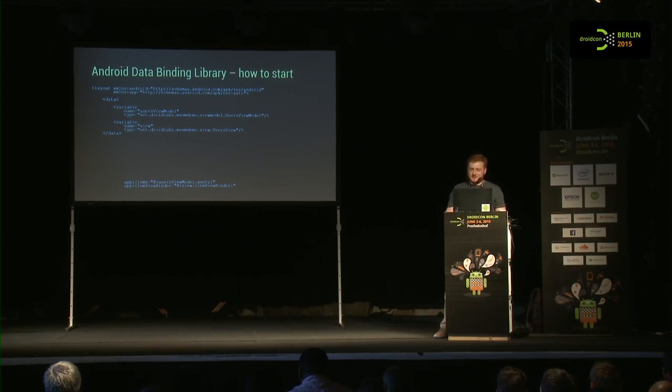So I prepared example how to use it with recycle view because I think it's more interesting than simple hello world stuff. And I can say that it's doable. I spent maybe 2 hours to learn the data binding library and connect it to the recycle view.